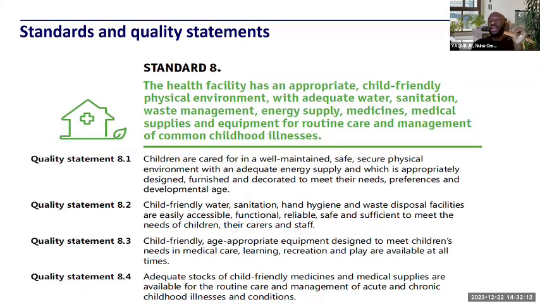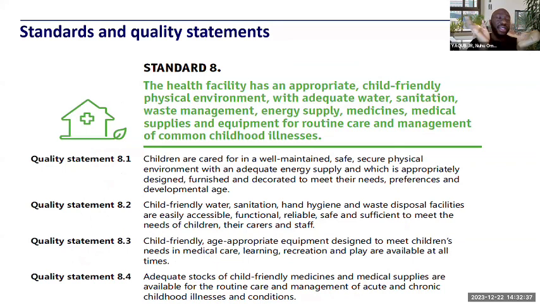And then the last standard is around a child-friendly health facility, looking at a well-maintained safe space, access to water and sanitation, a child-friendly space. Often, I was just in Vietnam last week, and we found that in many health facilities there are no dedicated emergency wards for children.